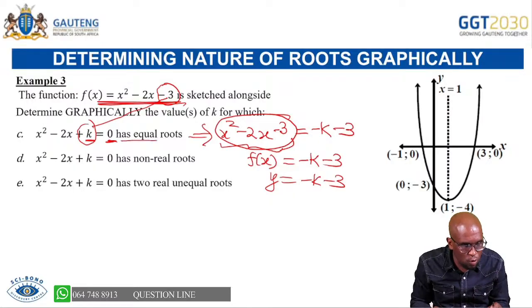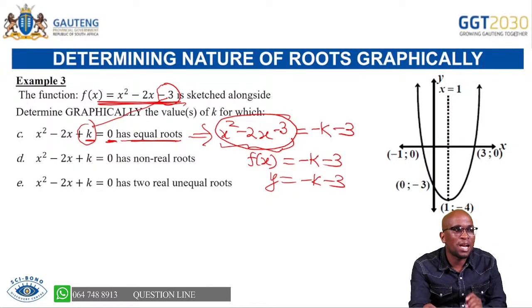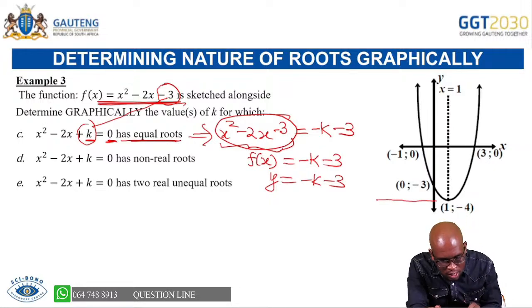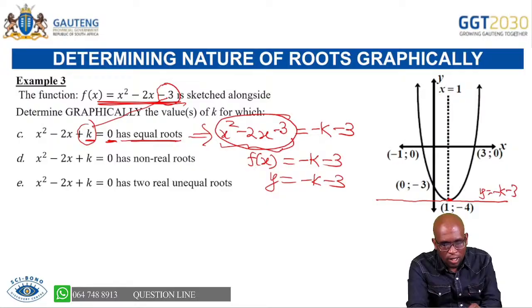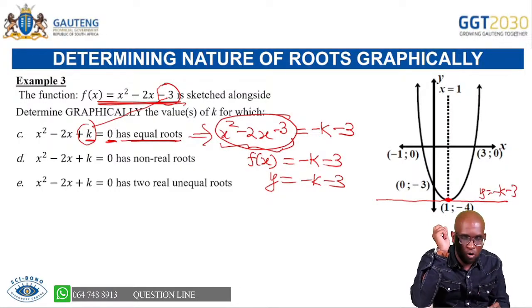So we want it where it has equal roots. Where do we put the line so that it intersects once? We put it on the turning point. When we put the line on the turning point, the line y is equals to -k minus 3, like that, we get that the line intersects the graph only on one point.